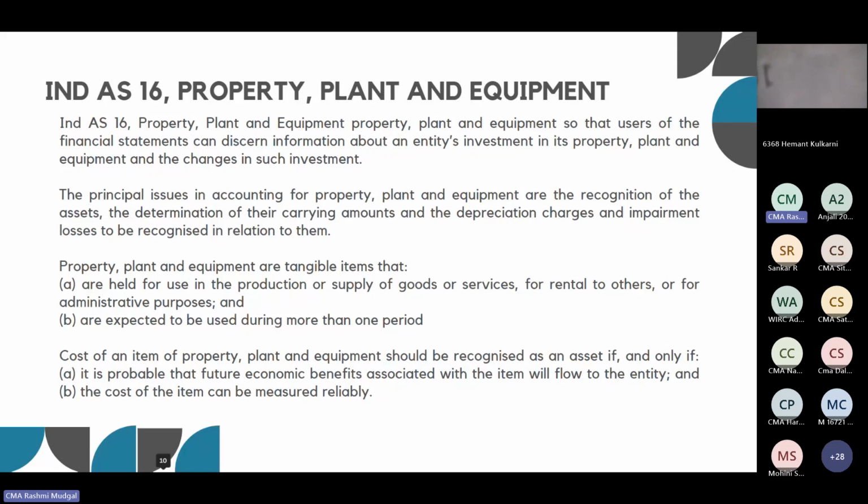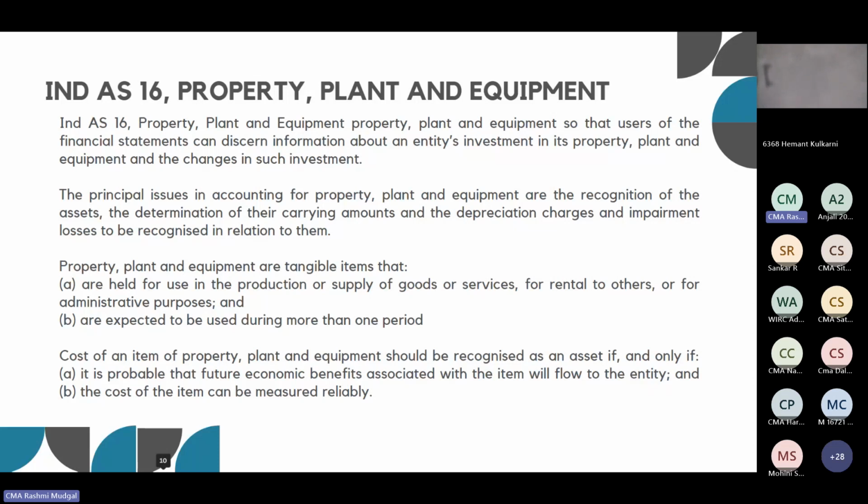Impairment of any asset will also be recognized in relation to property, plant, and equipment, the tangible items, which are held for use in the production or supply of goods or services, for rental to others, or for administrative purposes. We expect them to be used during more than one period. So if it is long term, then only will we consider it as an asset.